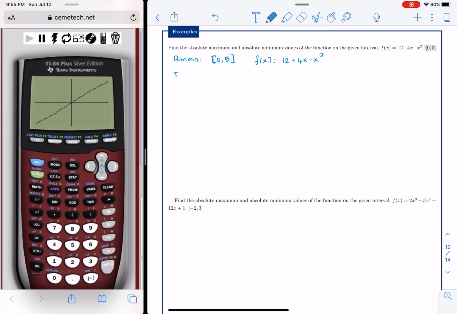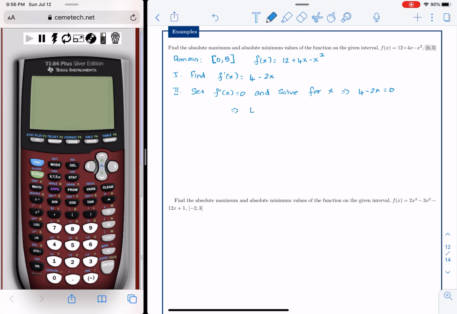Now, first step is to find the derivative. So we have 4 minus 2x. Second step, set f prime of x equal to 0 and solve for x. So this would imply 4 minus 2x equals 0.